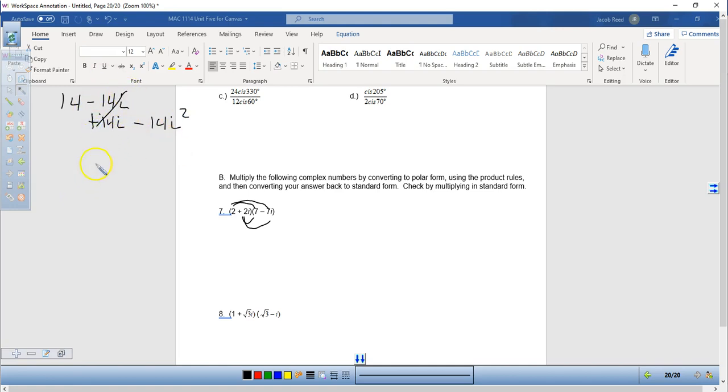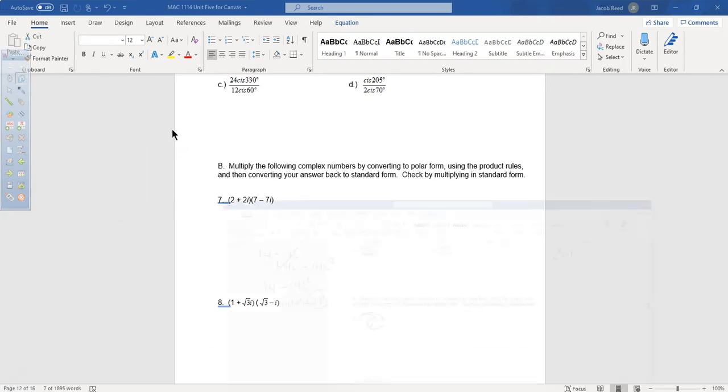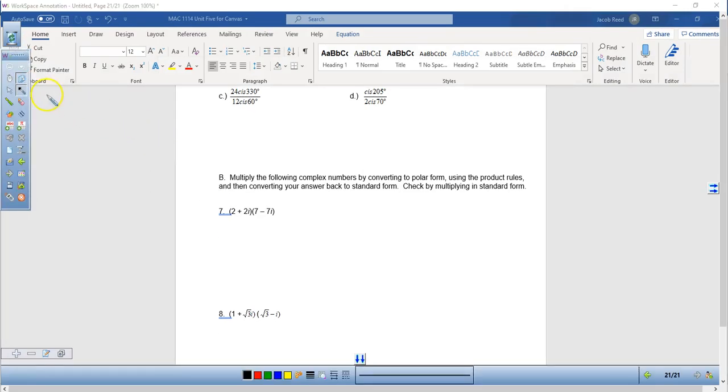Well, these two in the middle cancel out. I've got 14, and I know that i squared is -1. So really, I've got 14 plus 14, which is 28. So that's simple. Very easy to do. I'm just going to write that up here just so we keep track of it. That's 28.